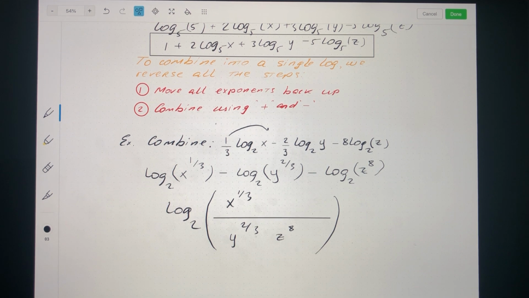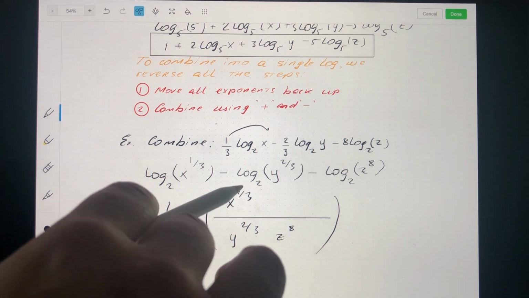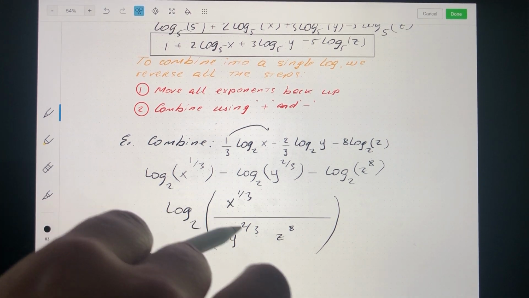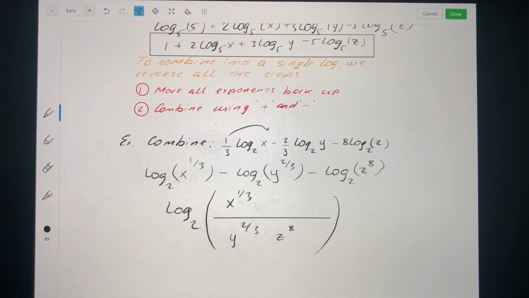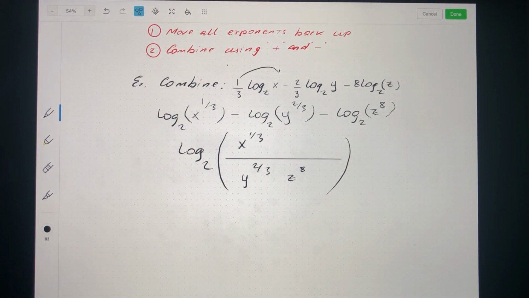If our question did not ask to change these exponents into radicals or roots, then we're done. That's the end. But if we are asked to change it, then we have to remember that the bottom number is the root number and the top number is the power.